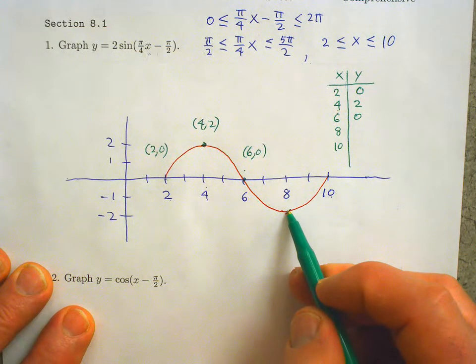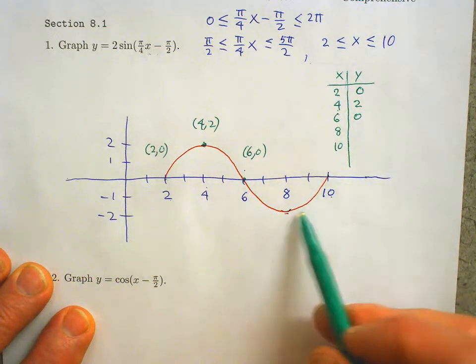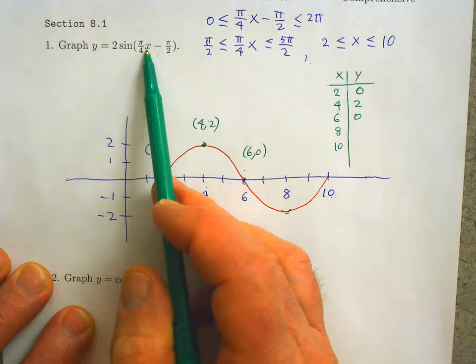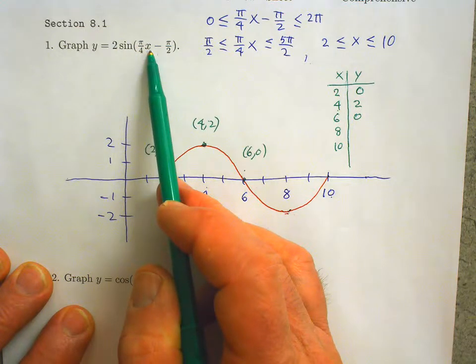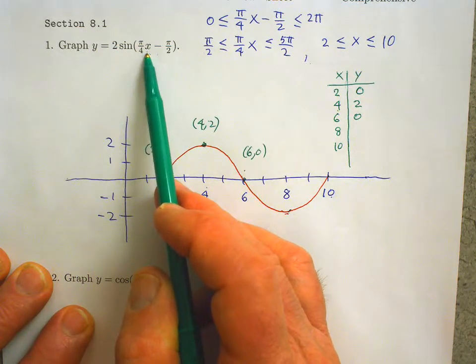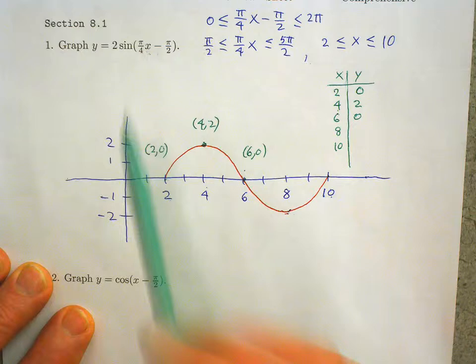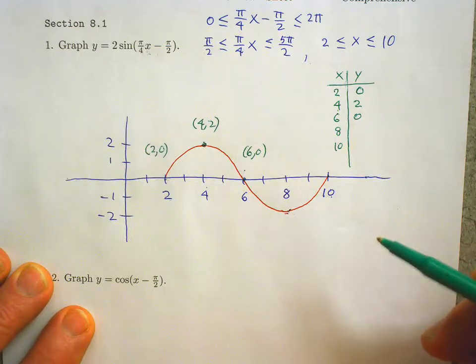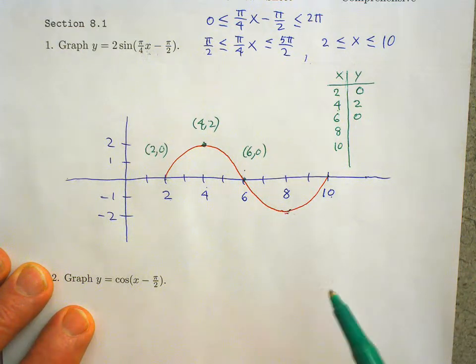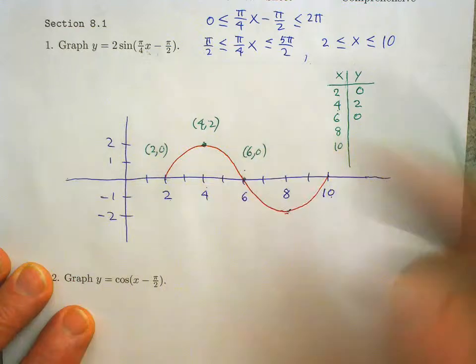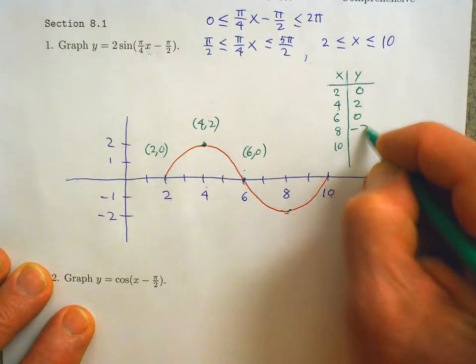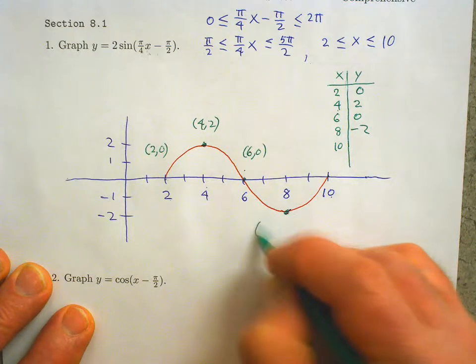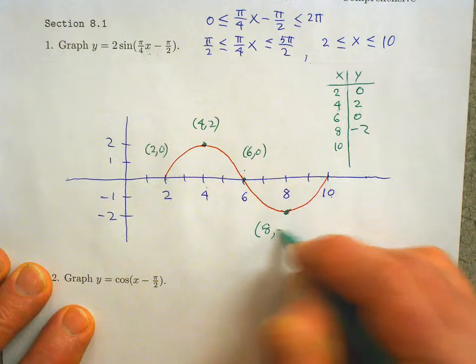And then replace x with 8. I guess we can do this one. When x is 8, pi over 4 times 8 is 2 pi. 2 pi minus pi over 2 is 3 pi over 2. Sine of 3 pi over 2 is negative 1, and 2 times negative 1 is negative 2. So we have this point, 8, negative 2.